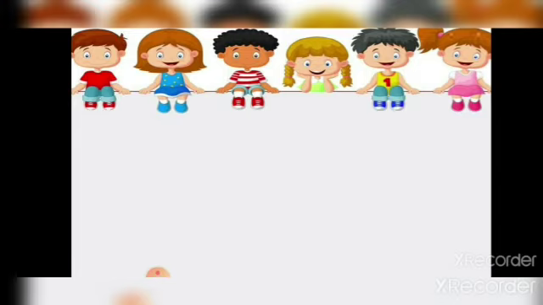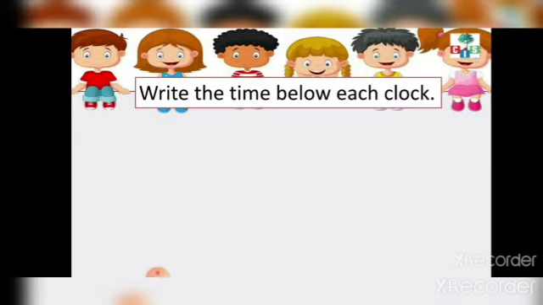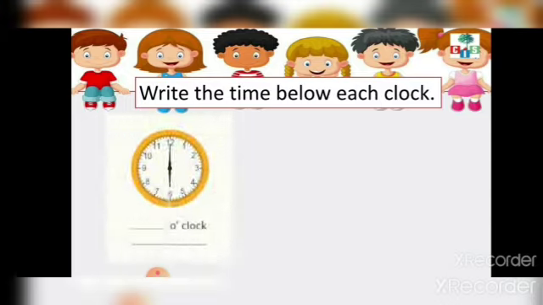Now look at the slide. Write the time below each clock. Now let us look here. The short hand is on 6 and the long hand is on 12. So the time is 6 o'clock.